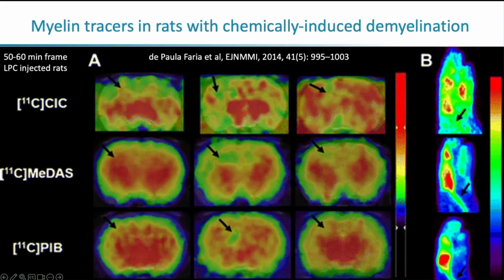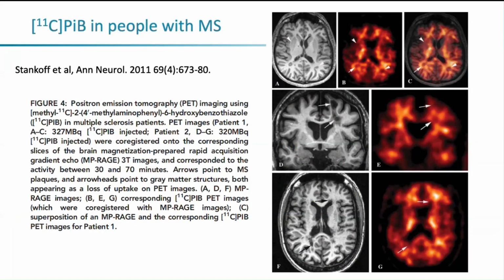I would argue that it's not ideal to image a decrease in signal by PET. Ideally, you want an increase in signal. So rather than targeting myelin itself, you want to target a protein that is present in demyelinated axons. Nevertheless, this has been evaluated in people with multiple sclerosis and is able to quantify changes in myelin pretty accurately.